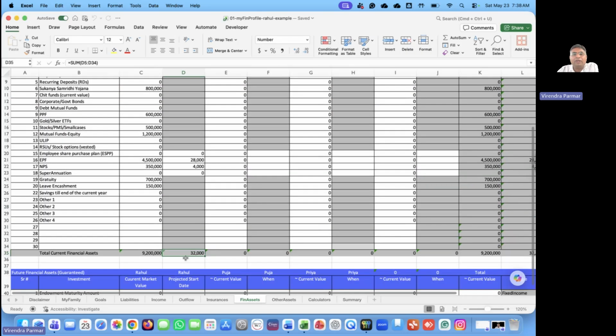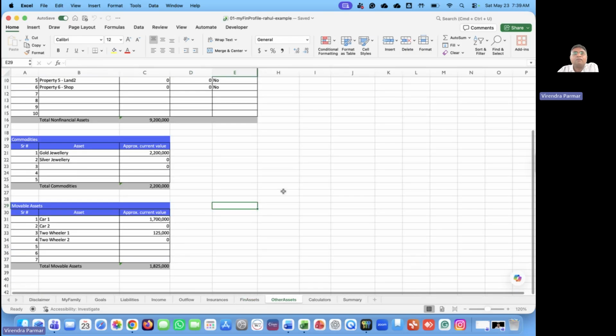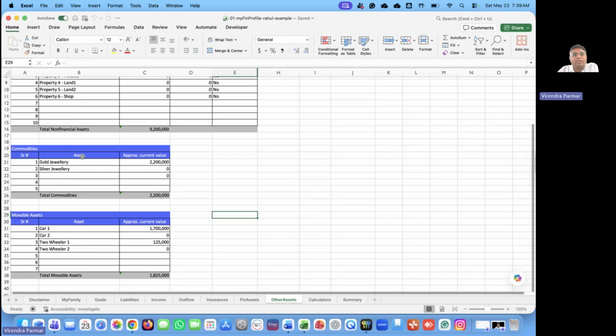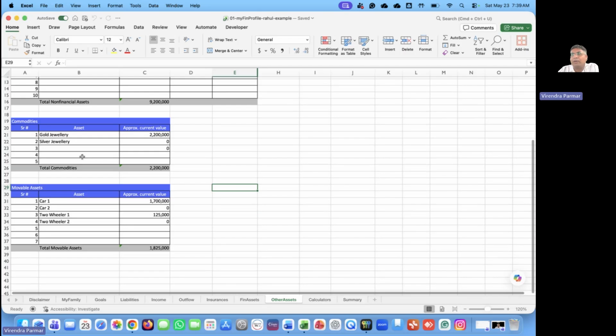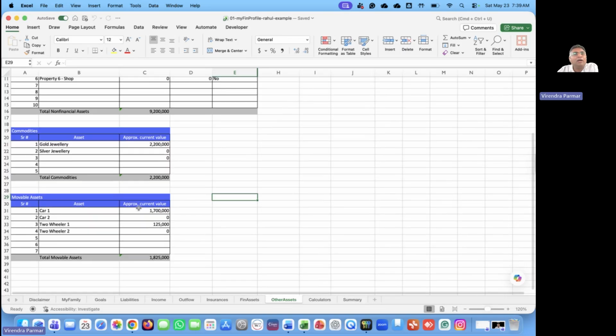Okay. Once you filled up all financial assets, you go to other assets. Other assets are nothing but properties, commodities, and movable assets like car and two-wheelers. Car and two-wheelers are not necessarily an asset, it's a liability in a bigger picture from a different definition point of view, but it still has a value, so you just put it over here.